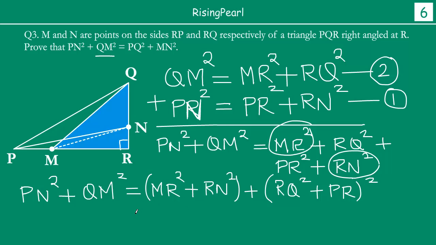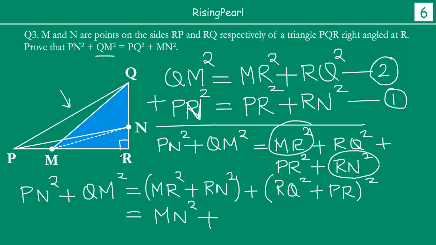So here, friends, like we just talked about, the right angle triangle MNR, now MR square plus RN square is nothing but it is equal to MN square, because MN is the hypotenuse, right? So this will give us MN square plus, similarly, RQ square plus PR square is nothing but PQ square. Why? If you take a look at the whole triangle PQR, that is right angled at angle R, so PQ is the hypotenuse.